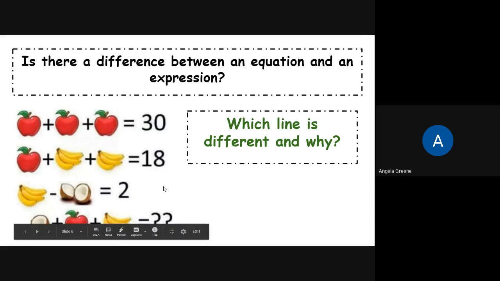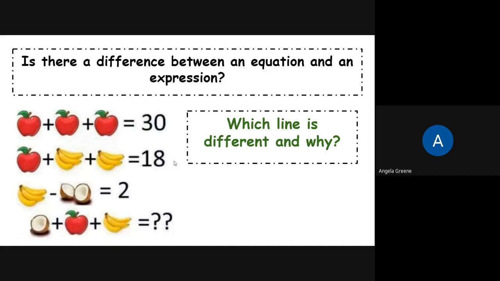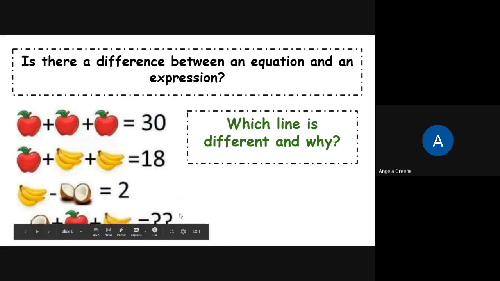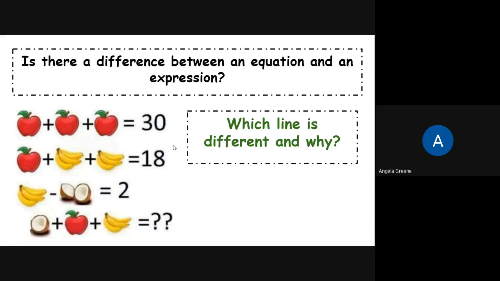So 1 plus 10 plus 3 is 14. But again, there's no way I could have answered this last question because it's an expression and there was nothing over here on this side. I had to know what was going on above.